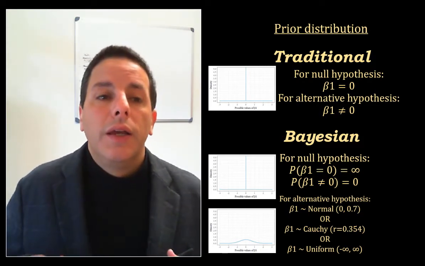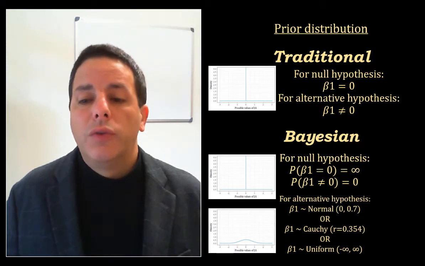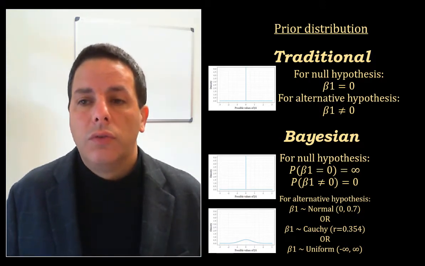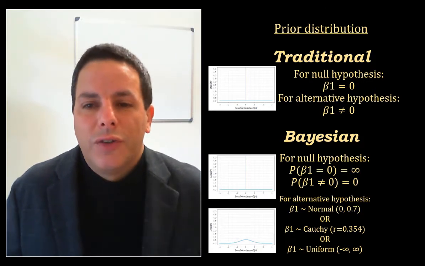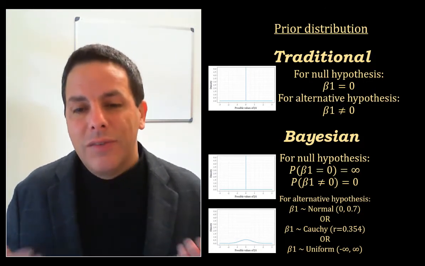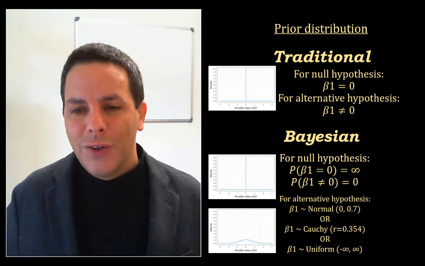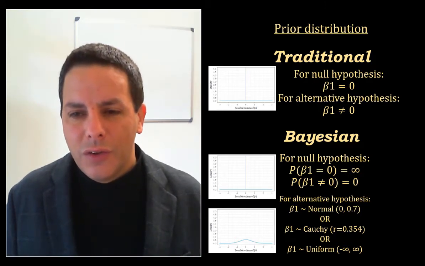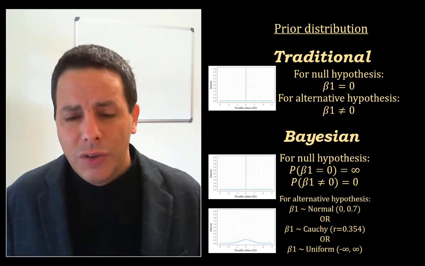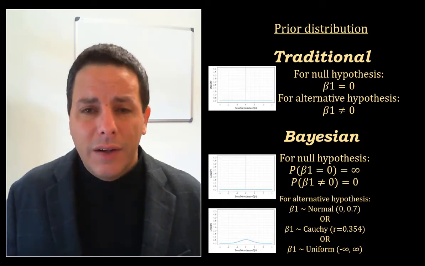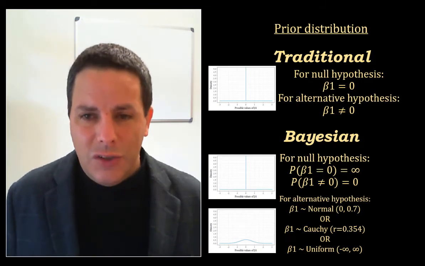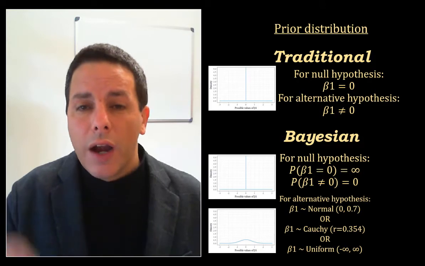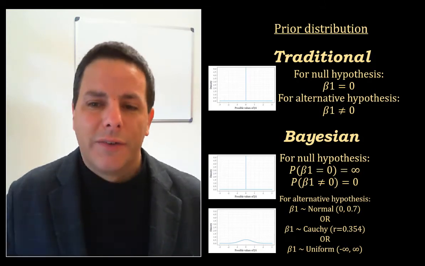If that's the case, then I would say the analysis is useless because you don't have a justification for your prior. And that's the beauty. To me, it's not a problem of the Bayesian approach. It's an advantage because we need to carefully consider the prior.